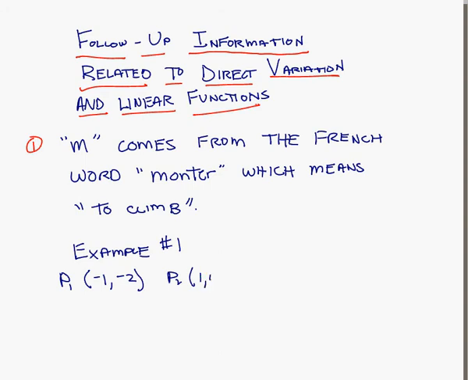So there are our two points, and I asked you to construct an equation of a line passing through those two points. These are the steps that you would take in order to accomplish this.